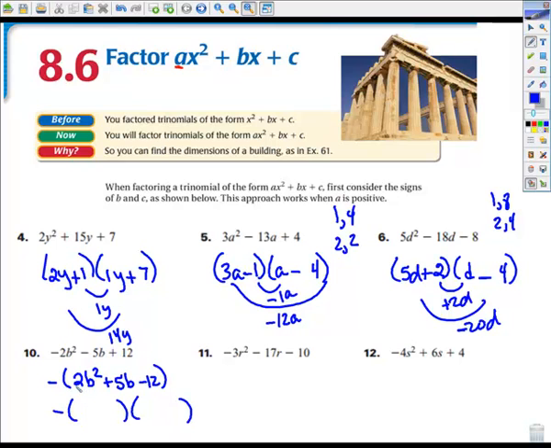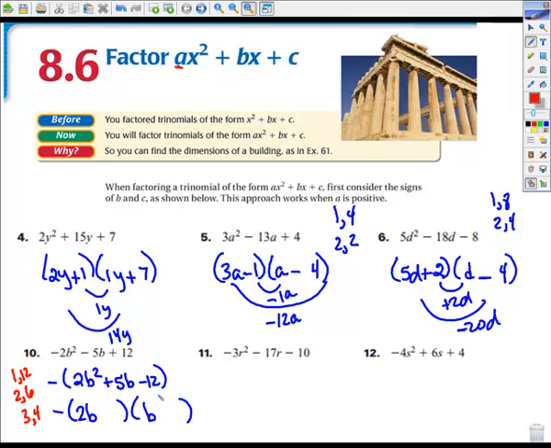So now I'm looking at this. 2b squared is going to be 2b and b. Factors of 12, I'm going to list them over here to the side. I can do 1 and 12, 2 and 6, or 3 and 4. And I'm looking for a 5. I'm really not sure.